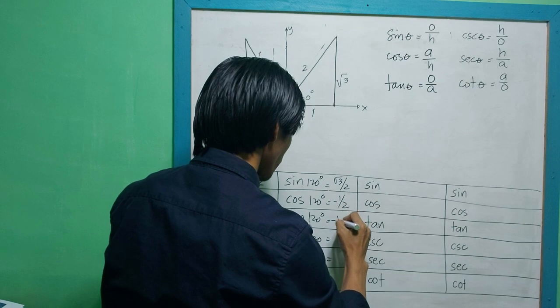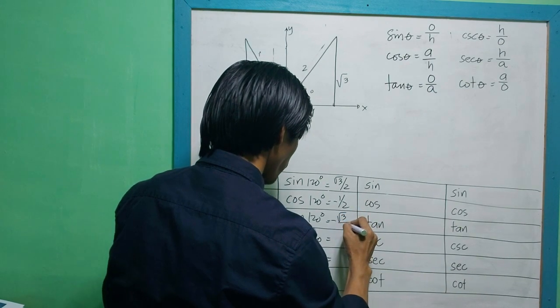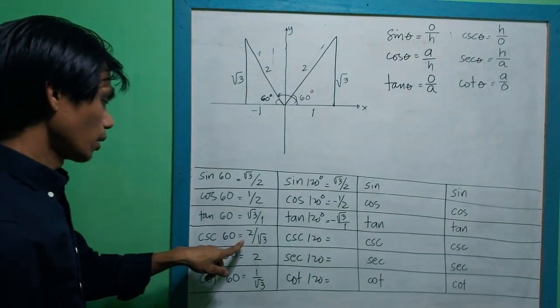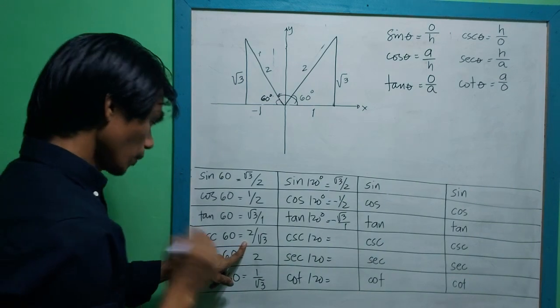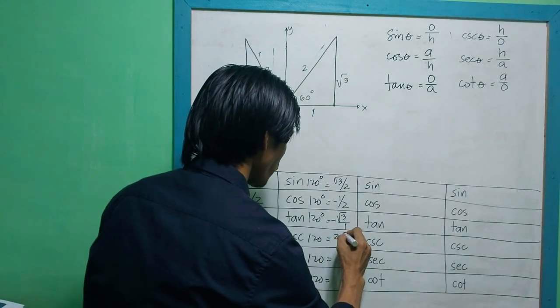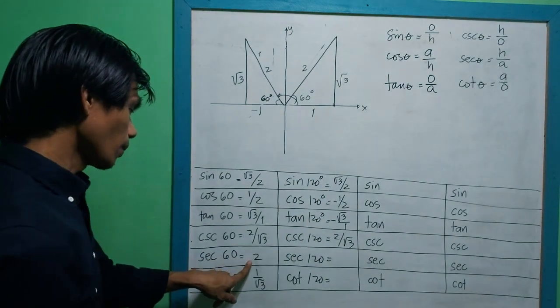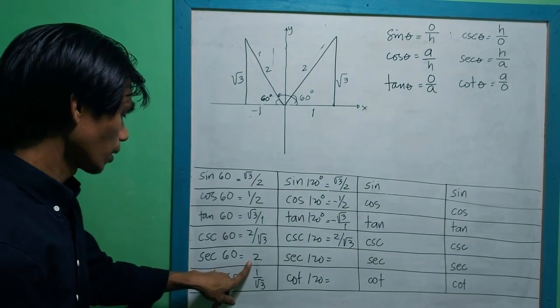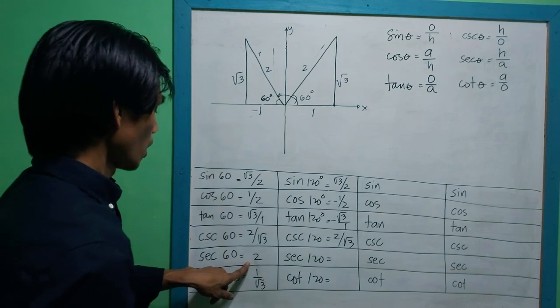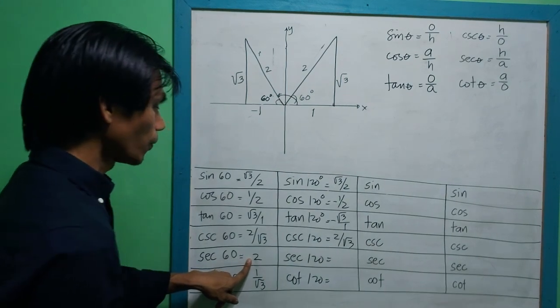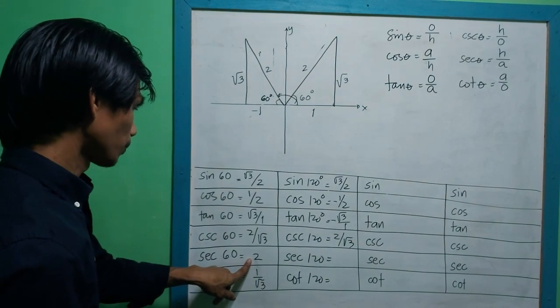Eto naman, square root of 3 over 1 pa din, pero yung 1 mo ay negative. So, we have negative square root of 3 over 1. Okay? So, ito naman, ganun pa din. 2 over square root of 3. Pagbabaliktarin mo kasi ito. So, we have 2 over 1 kanina.